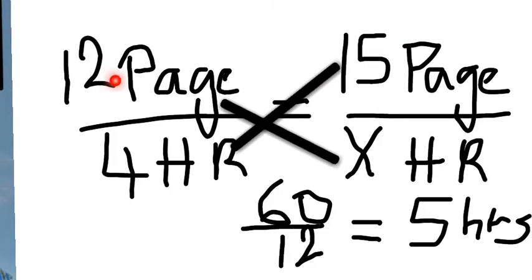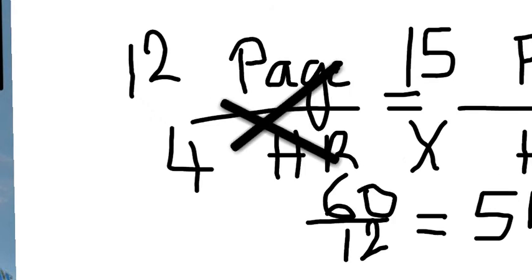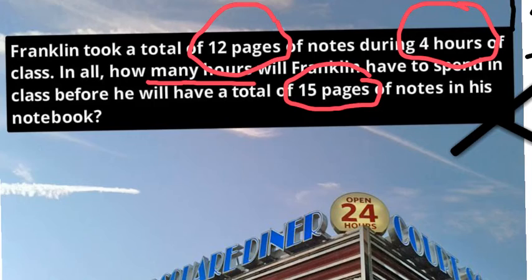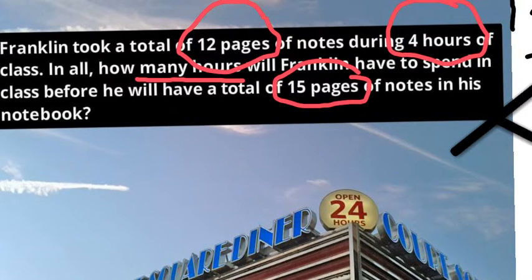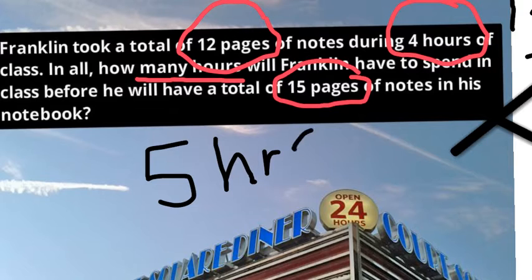That's 60. And what's 12 times 5? That's still 60. So that's how I know my proportion makes perfect sense. If I go back to the problem, obviously this is not a multiple choice question, so I'm just going to put 5 hours as my final answer, and I'm done.